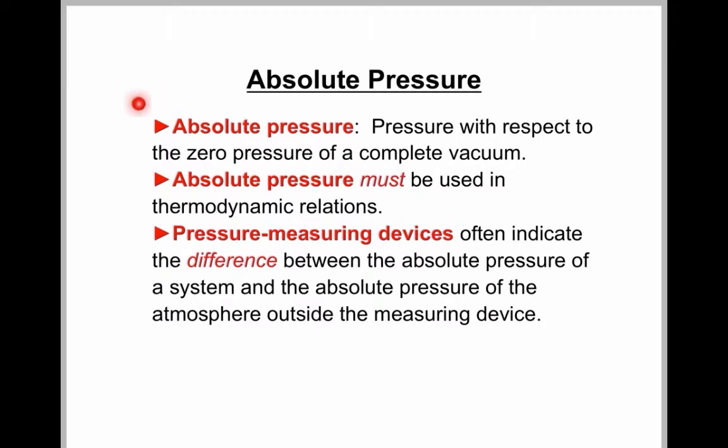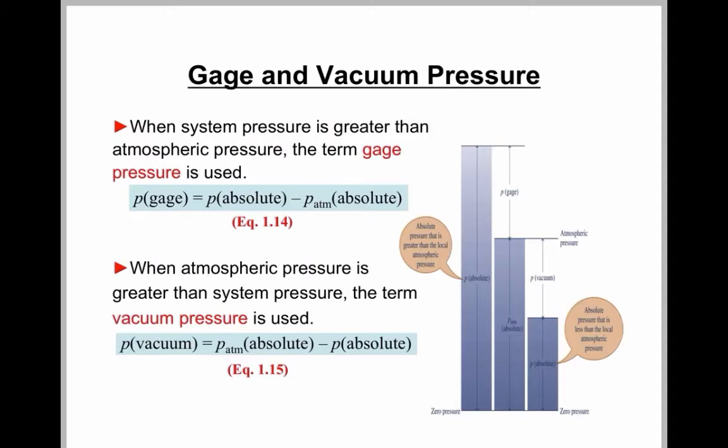Absolute pressure is relative to a zero pressure at complete vacuum. All of our thermodynamic units are listed assuming a reference frame of absolute zero pressure. Gauge pressure is relative to some other reference.